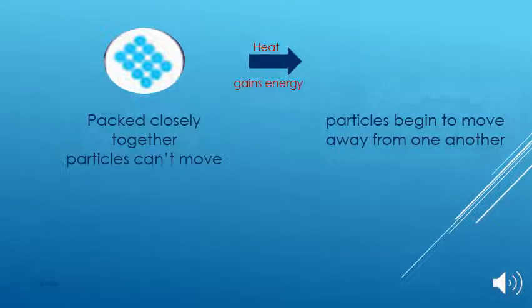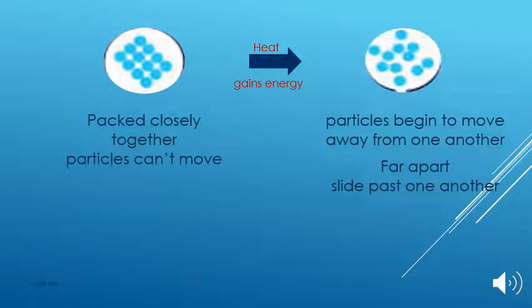When they get more energy, they will move away from one another. And here the particles are far apart and slide past one another. Here we will have the liquid particles. As you see, they have more space than the solid, so they can move.